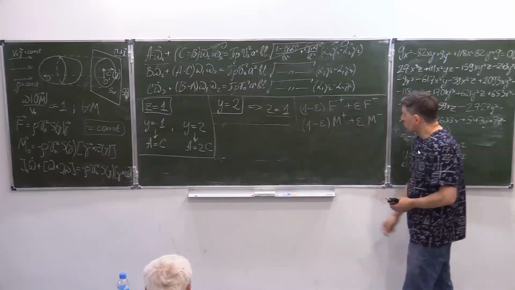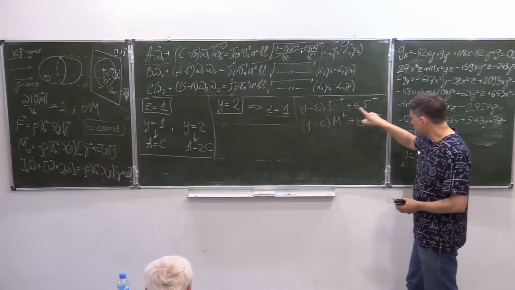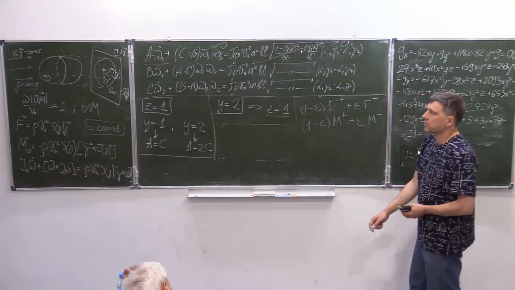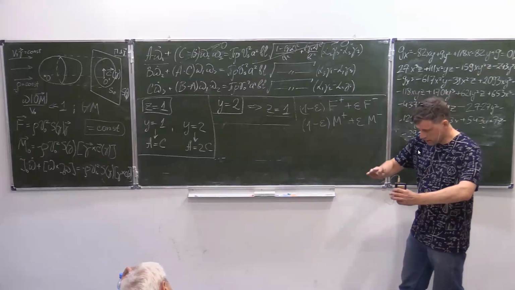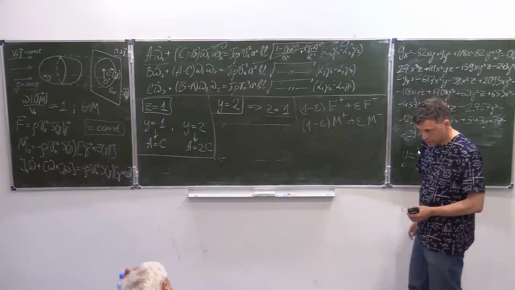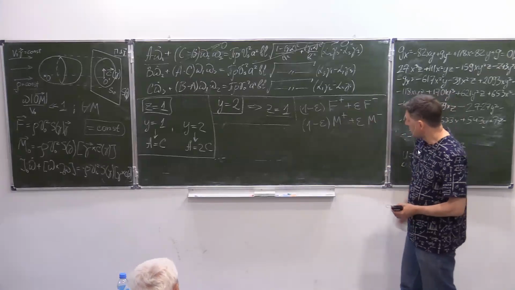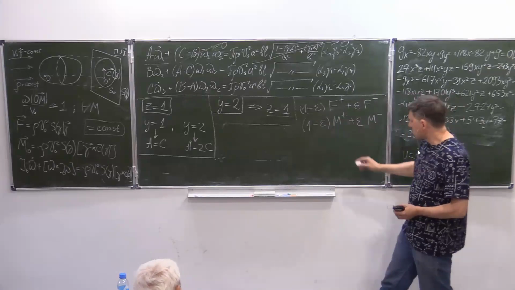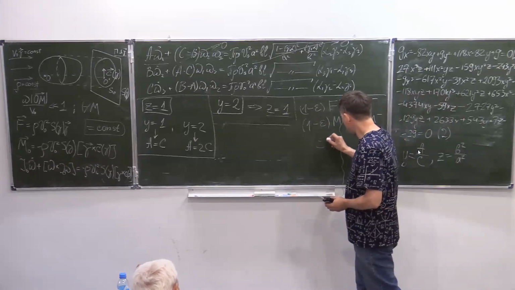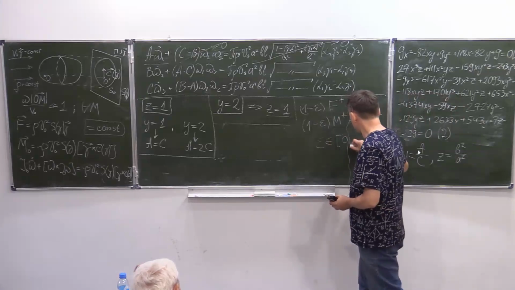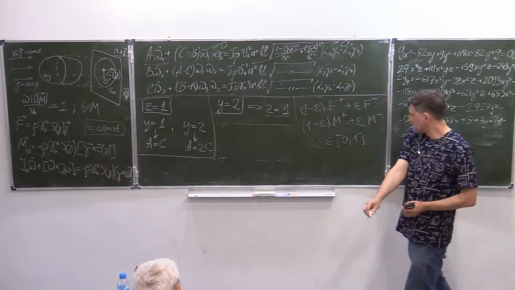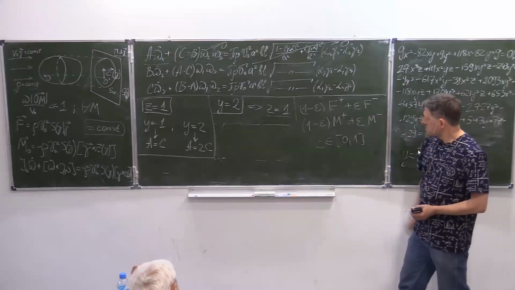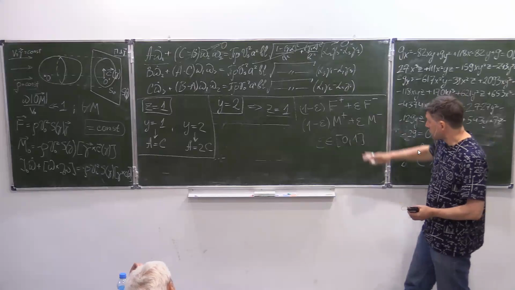Что такое f плюс и f минус? Это сила, которая действует на спутник со стороны потока частиц. Эпсилон – это некий параметр, который принадлежит отрезку от 0 до 1.